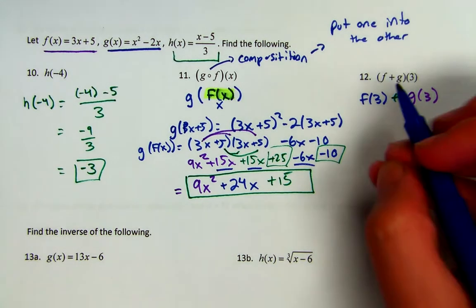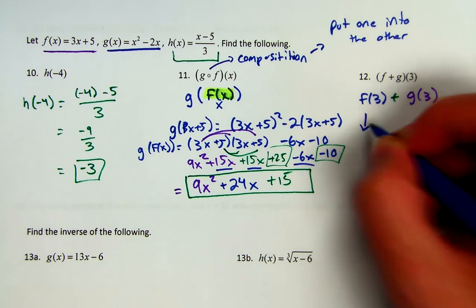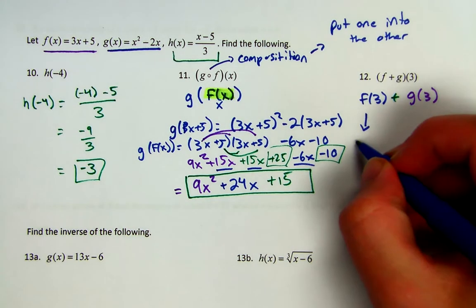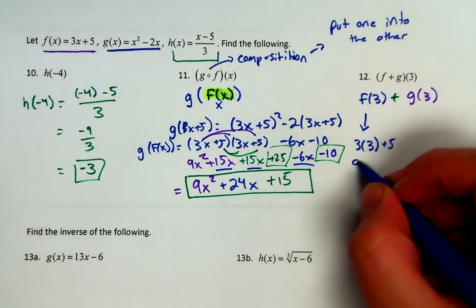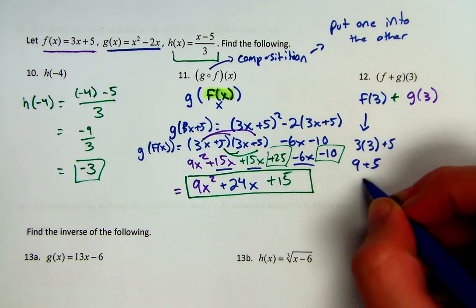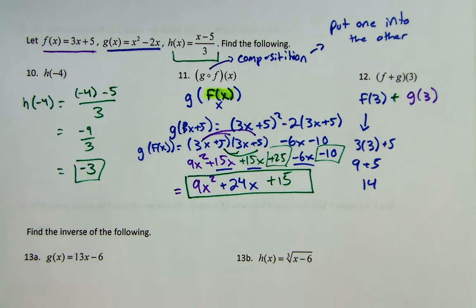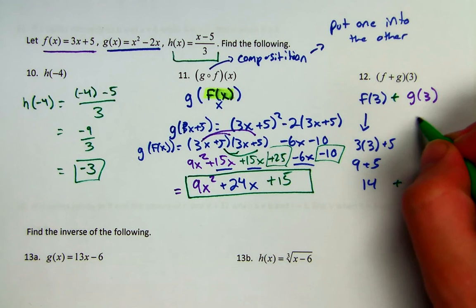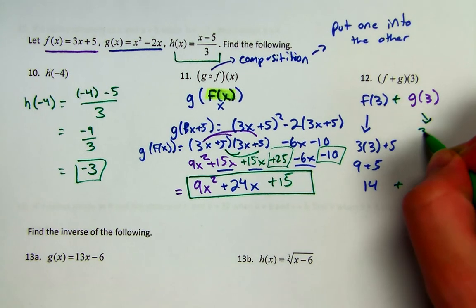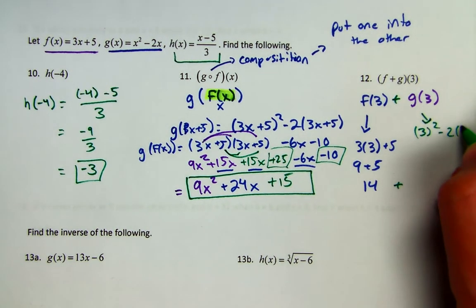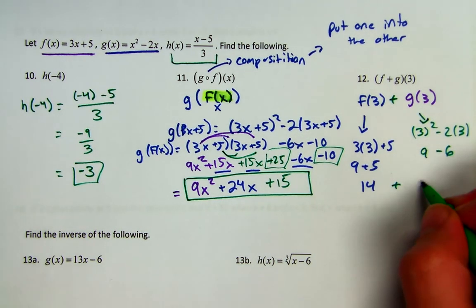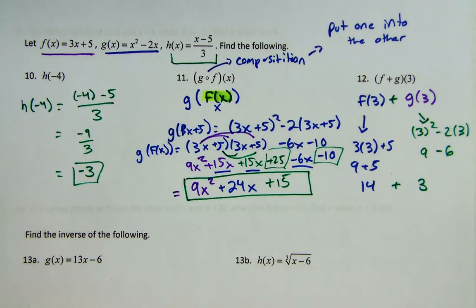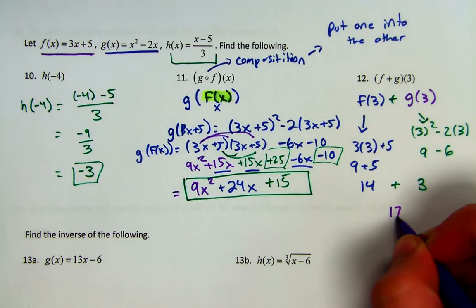So f of 3 is 3 times 3 plus 5. So that's 9 plus 5, which is 14. And I'm going to add whatever g of 3 is. Well, g of 3, that is 3 squared minus 2 times 3. So we got 9 minus 6, which is 3. Add them together, we get 17.